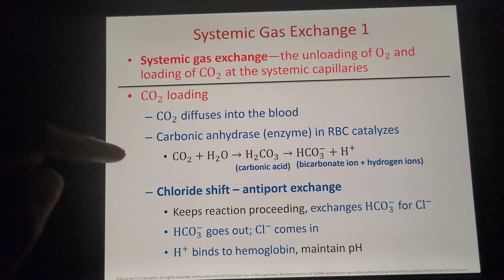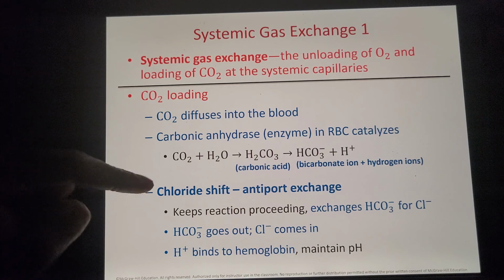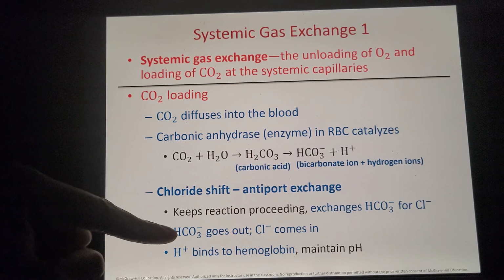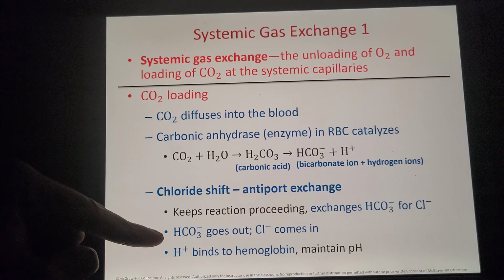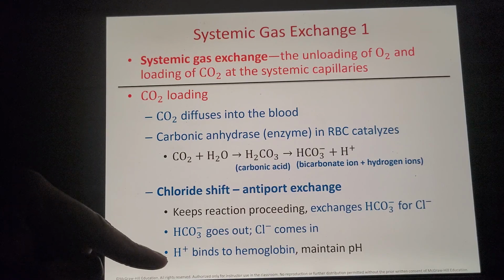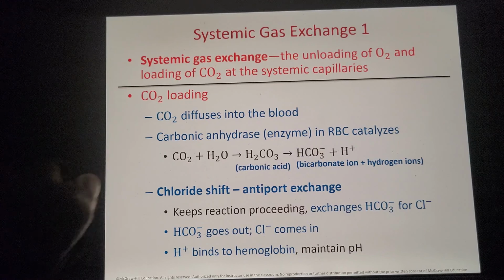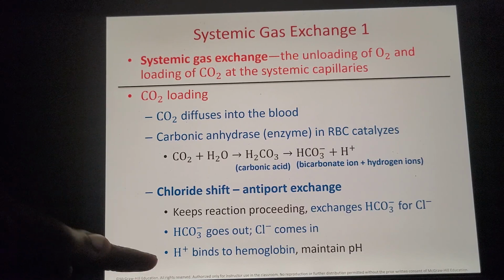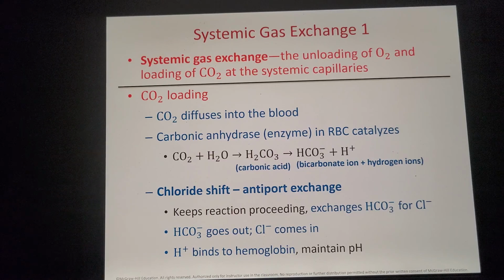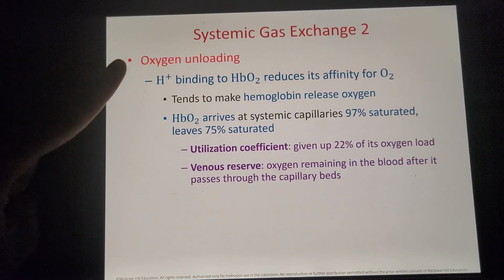So you move to the chloride shift. That bicarbonate is going to go out of a red blood cell and chloride comes in. Your hydrogen that dissociated off is going to bind to hemoglobin. So that's going to keep you from having an acidic pH buildup. Plus, it's also going to knock oxygen off from its binding spot, so that helps to unload the oxygen.